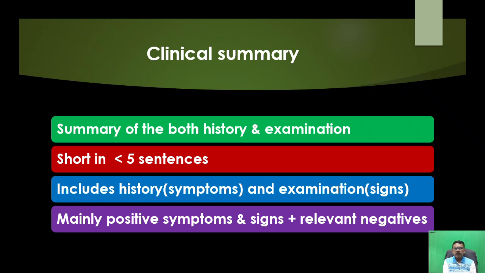After getting the history and doing a physical examination, you must come up with a clinical summary, which consists of both history and examination. It should be short, preferably within 5 sentences. You must include the history and the physical examination findings, mainly the positive symptoms and signs and the relevant negative symptoms and signs.